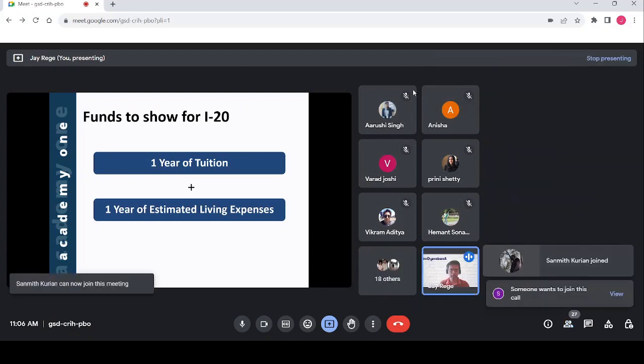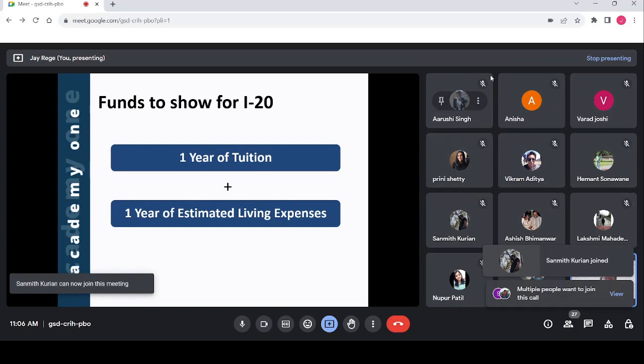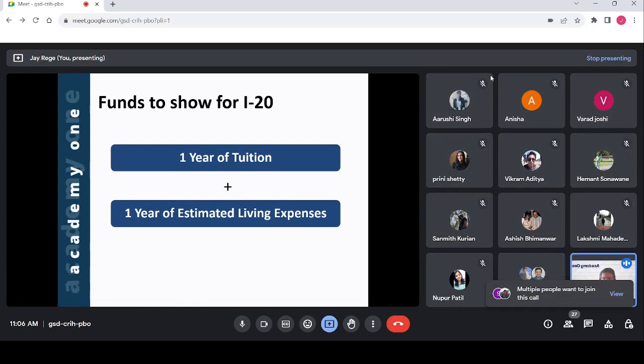All those costs are what they call the total estimated living expenses. To get your I-20, you have to show 1 year of tuition plus 1 year of living costs as estimated by the university. Generally, these estimates are slightly higher, especially the living cost.